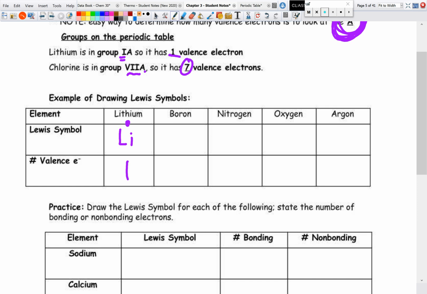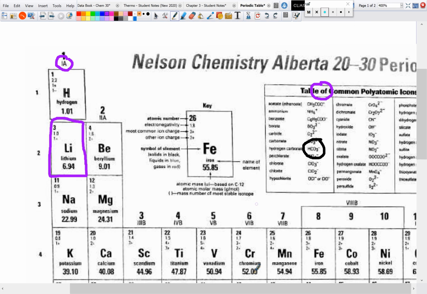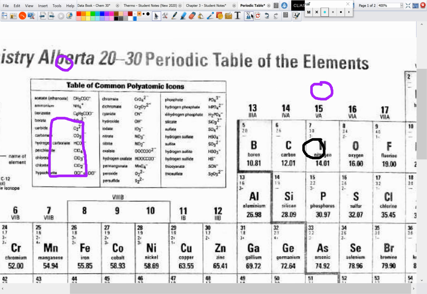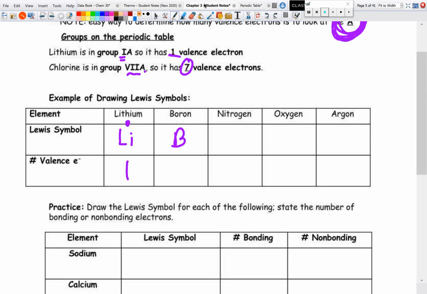Let's look at boron. Boron, chemical symbol is B. Let's go to our periodic table and find boron. So boron is right here. Now boron is in group 3A, indicating that it is going to have 3 electrons.